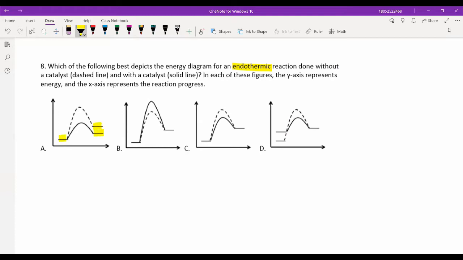These are all endothermic, so that doesn't help us eliminate anything, but nonetheless good to look at. So then the next thing would be we have a catalyst dashed line. Without a catalyst, dashed line; with a catalyst, solid line.